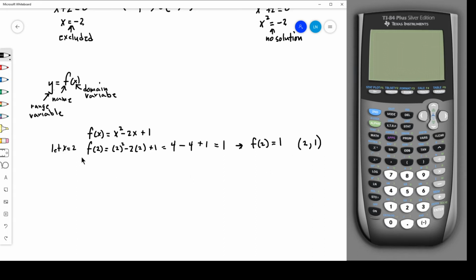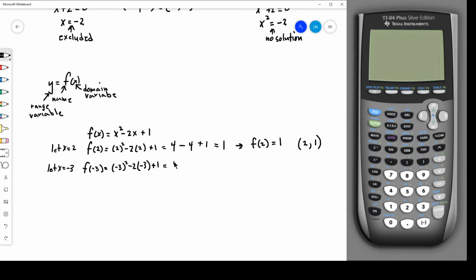Now the reason that I'm worried about the parentheses here, let's do this. Let's let x equal negative 3. Everywhere I see an x, I'm going to replace with a negative 3. Here the reason for the parentheses becomes clear. I'm squaring negative 3, so I need to have that inside parentheses.